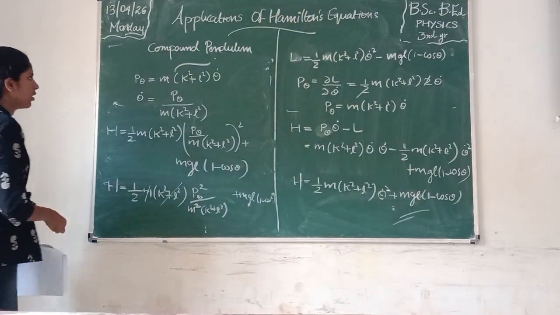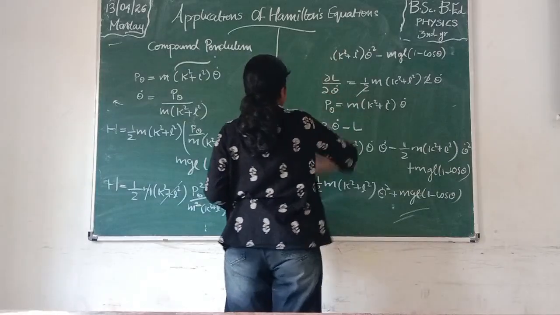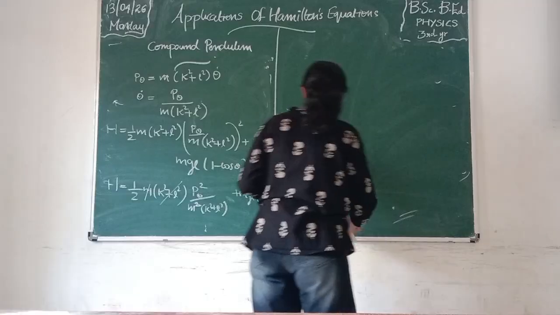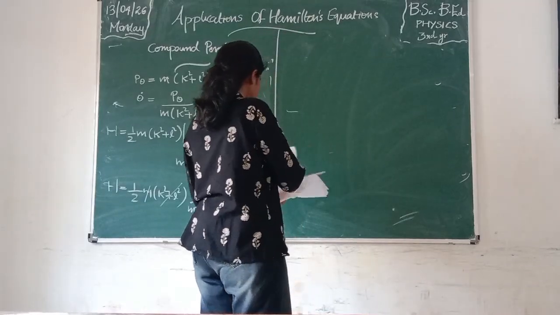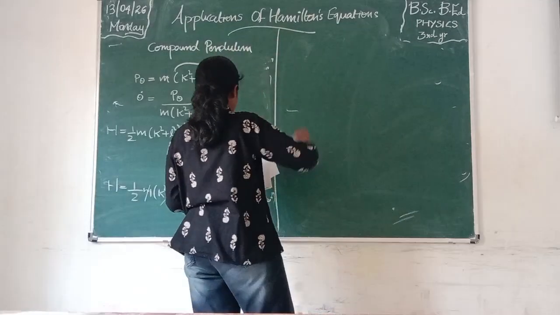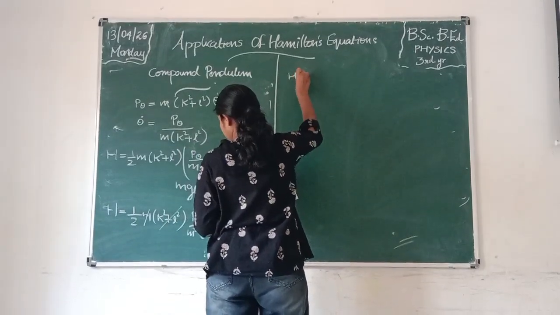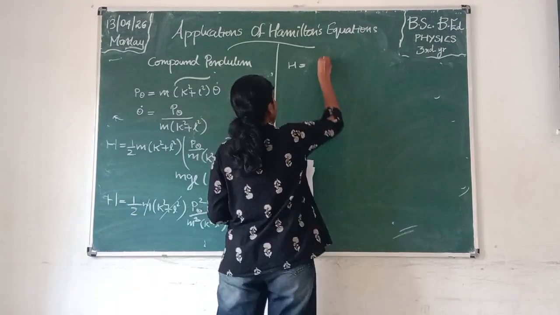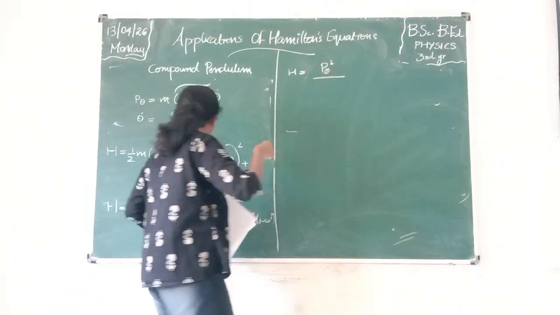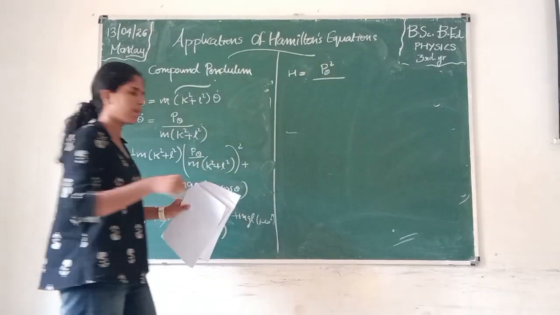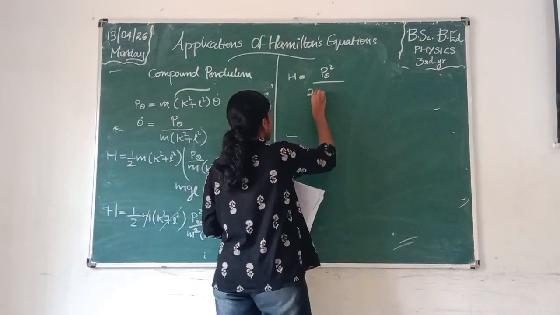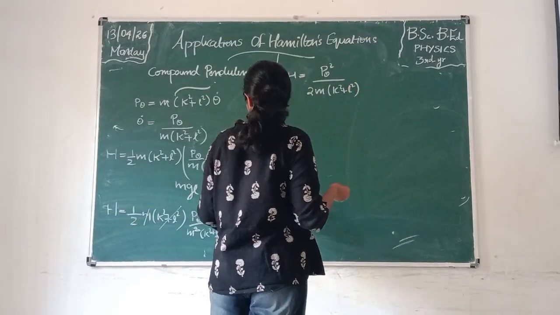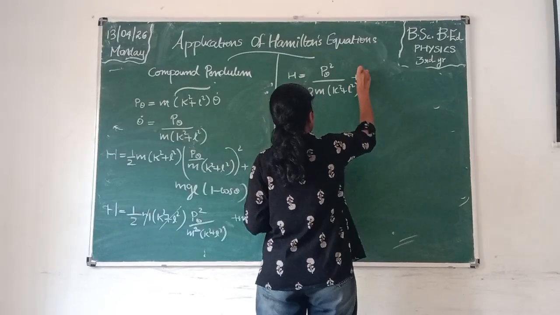So the Hamiltonian will be half p theta square by m into k square plus l square, that is p theta square by 2m into k square plus l square, plus mg l into 1 minus cos theta.